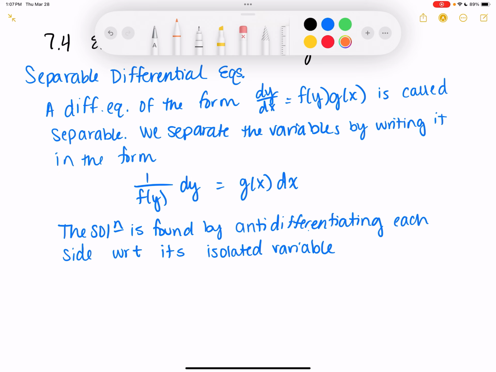Okay. So, the next thing, the law of exponential change.